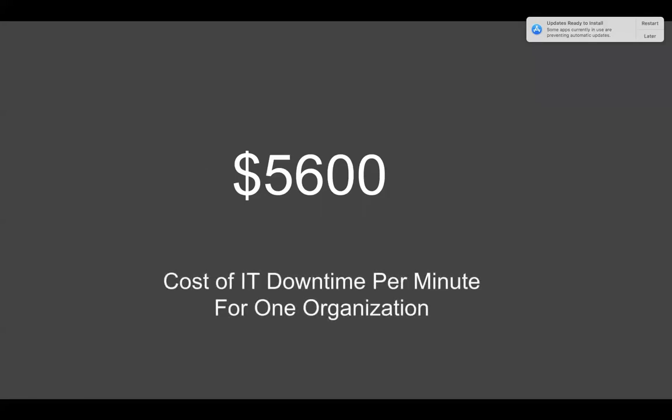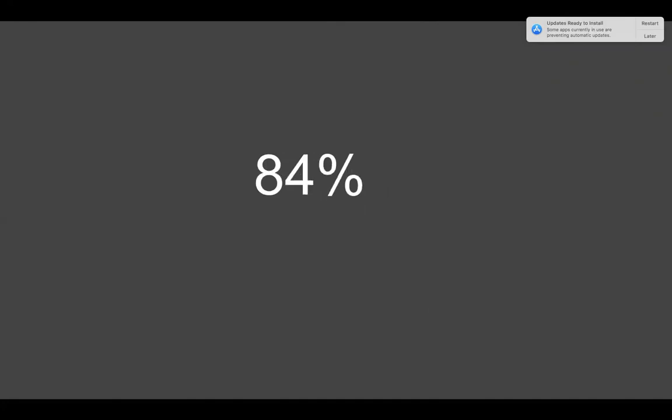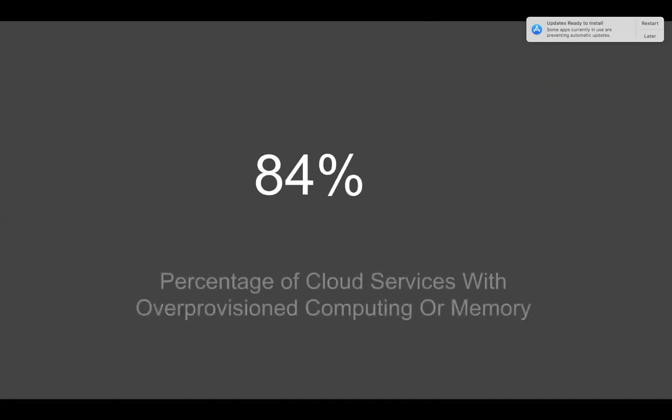According to Gartner, this is the money wasted because of IT downtime per minute for one organization. 84%. This is the over-provisioned computing or memory in cloud platform. Yes, cloud computing is convenient for organizations, but it also introduces lots of wasteful consumption if you don't manage it well.